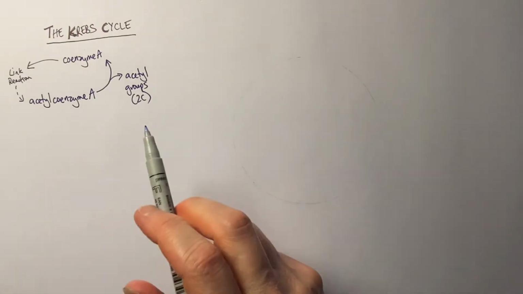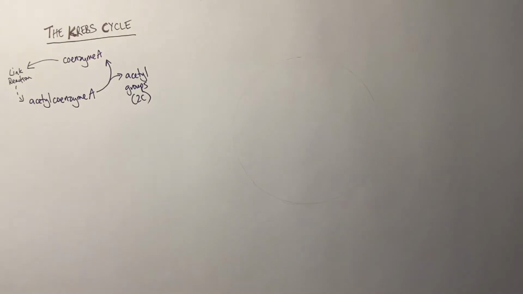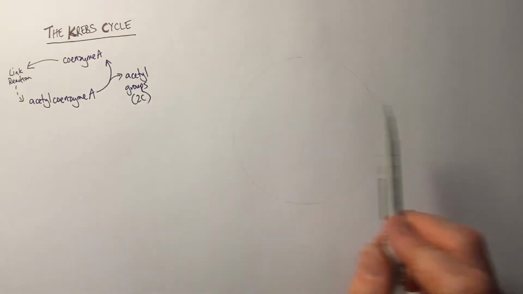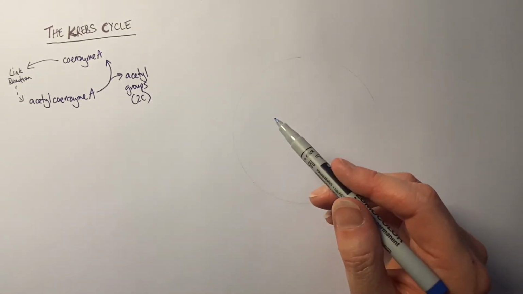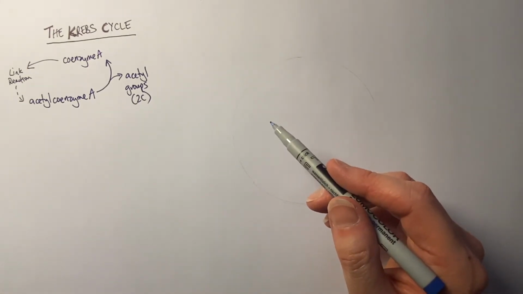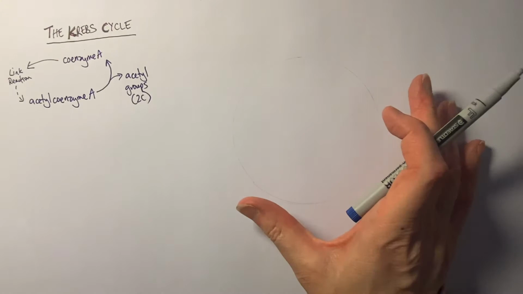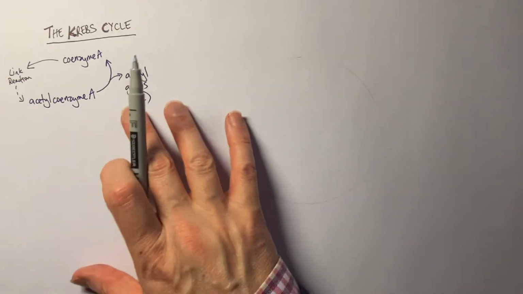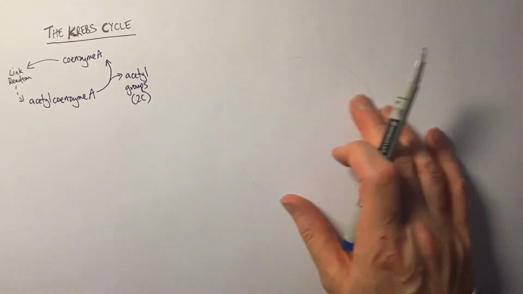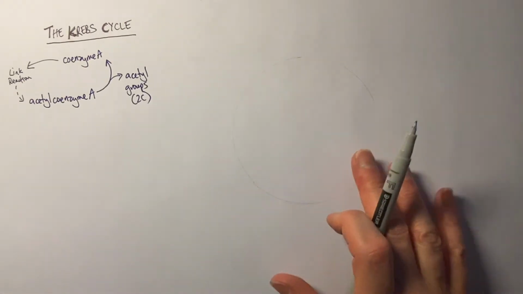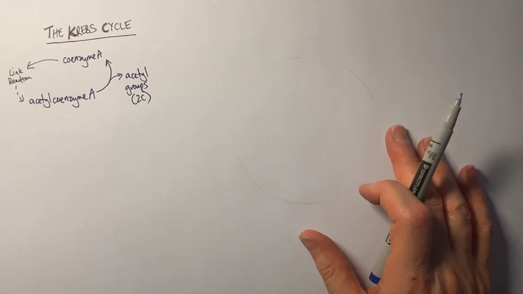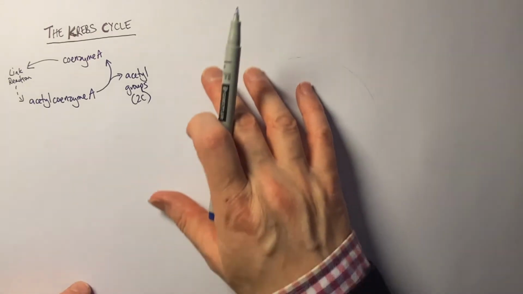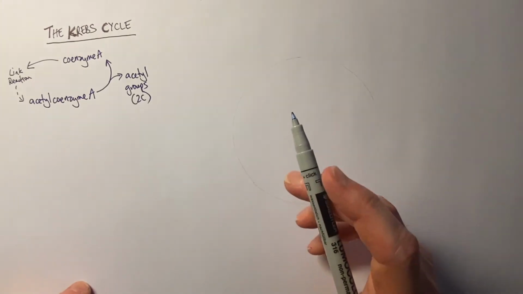So coenzyme A is constantly being recycled. Now this takes place at the same time as other reactions that are taking place in the Krebs cycle. So remember, in the matrix of mitochondria, these substances are moving around and flowing between each other, but we will draw them as a circle to see what happens and the importance of it being recycled.